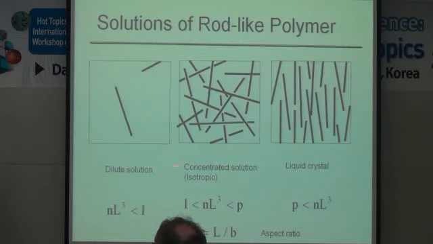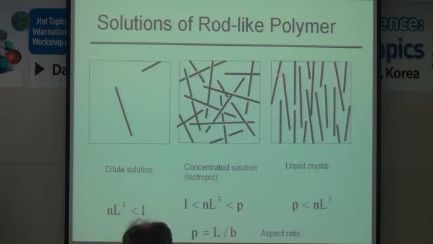If nL^3 is larger than 1 and still less than a certain critical value determined by the aspect ratio, the ratio between the length and diameter of the rod, you have an isotropic solution. And if the concentration exceeds these conditions, you have an anisotropic nematic.